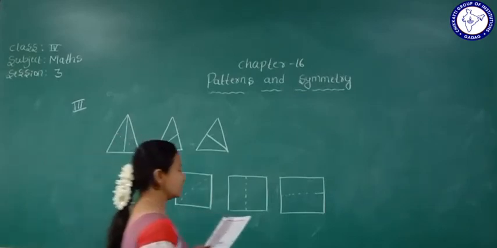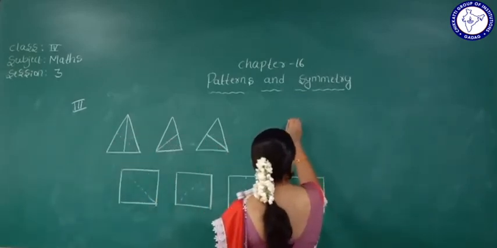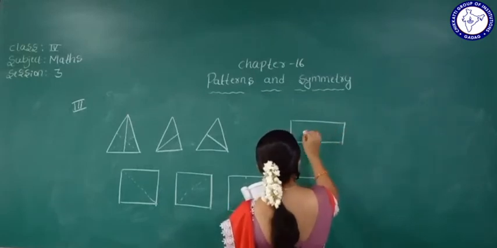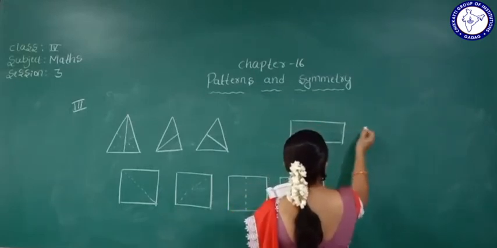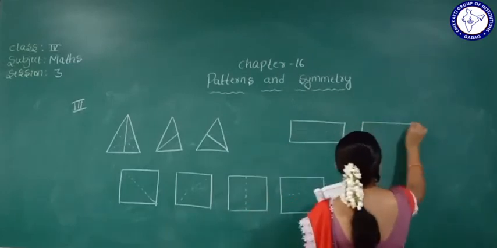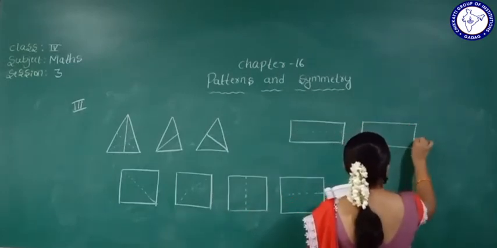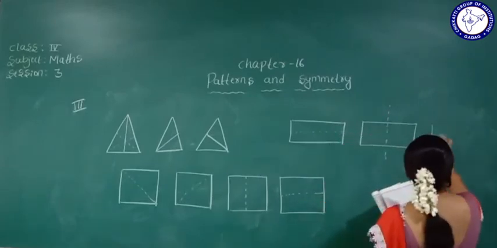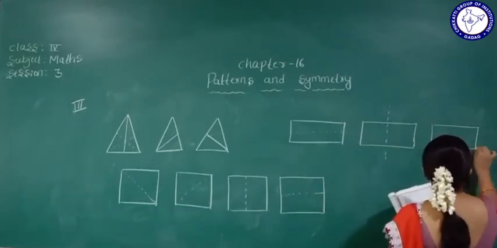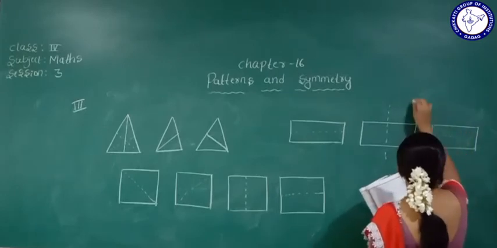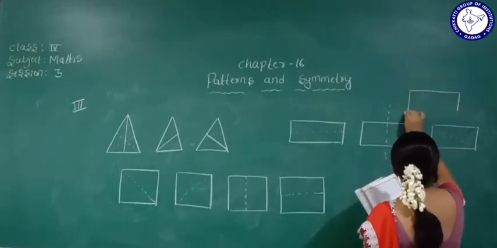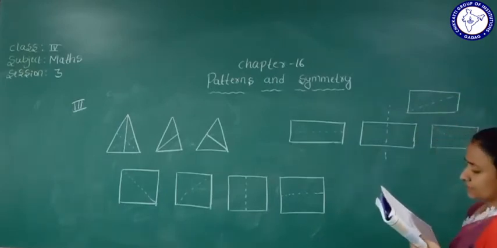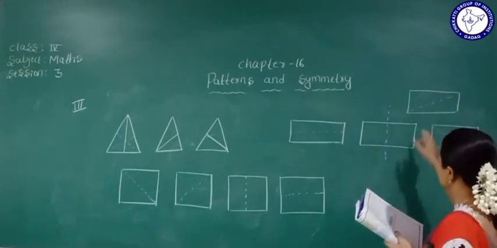So next we can see the four lines in the rectangle shape. Here see students, this is one symmetry. This is one symmetry. Same here, this is one symmetry, and this is also one symmetry. You can see here, a rectangle has two lines of symmetry.